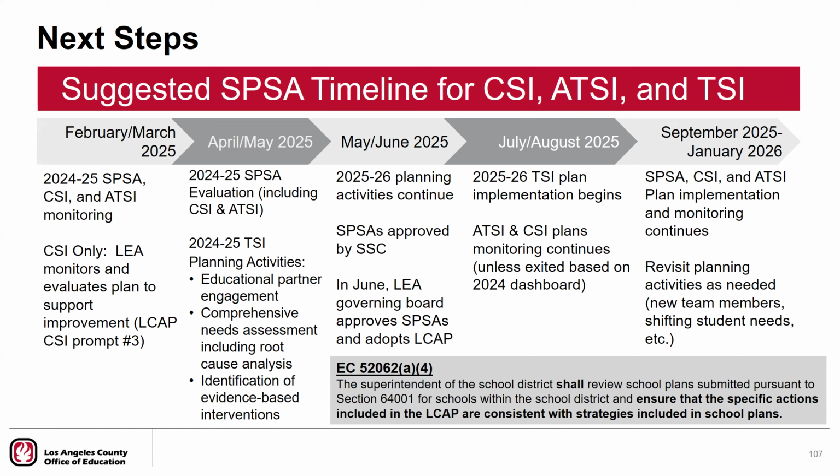The most important takeaway from this timeline is that the SIPSA is designed to fulfill all planning requirements for CSI, ATSI, and TSI. If your SIPSA development and monitoring process is strong, everything else will follow.